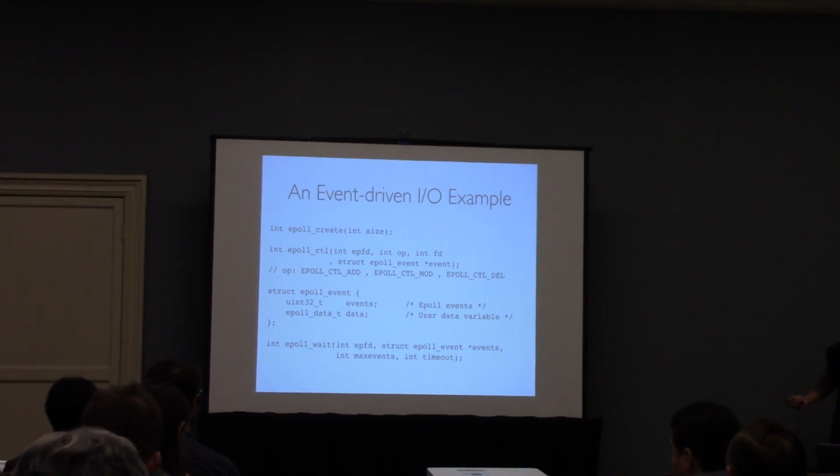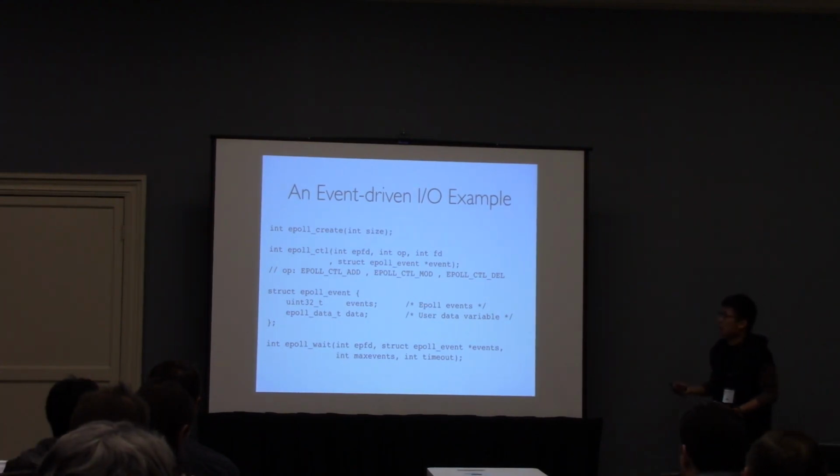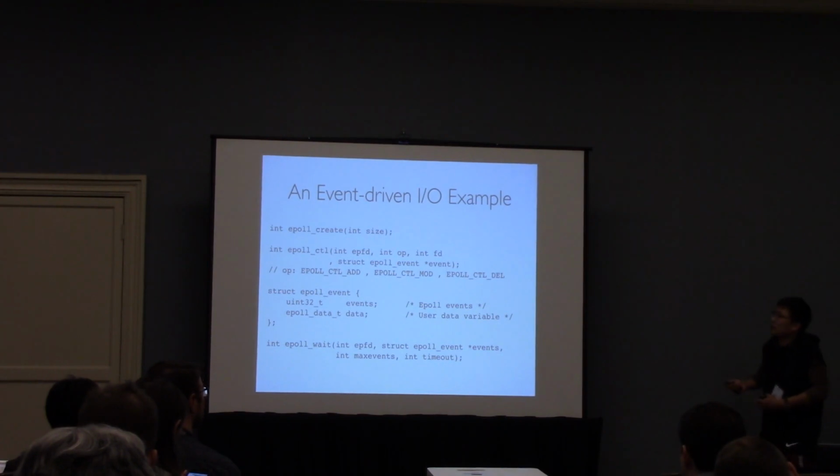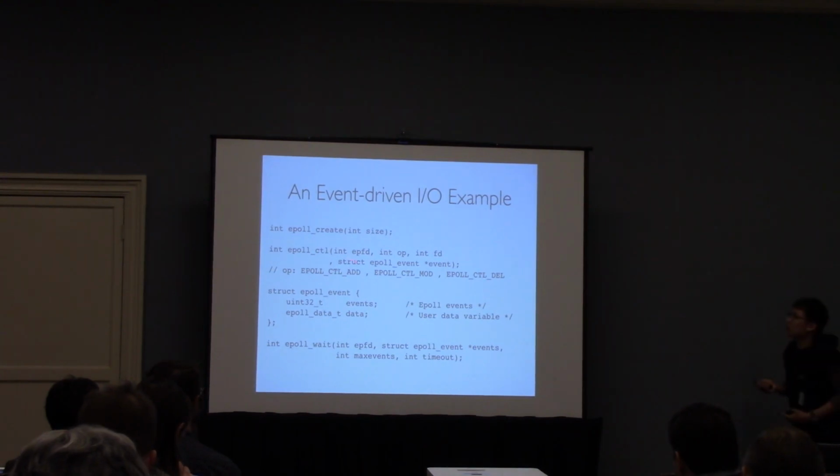So basically, these APIs let you do concurrent I/O with only one OS thread. You don't have to start multiple threads to do multiple concurrent file reading or socket receiving. You can add multiple sockets to only one epoll file descriptor, and you wait on that.